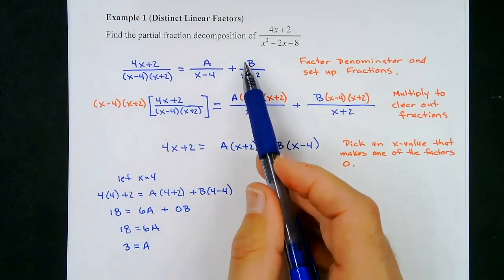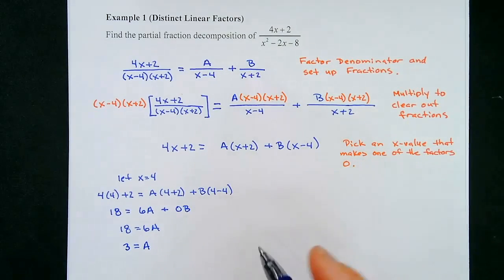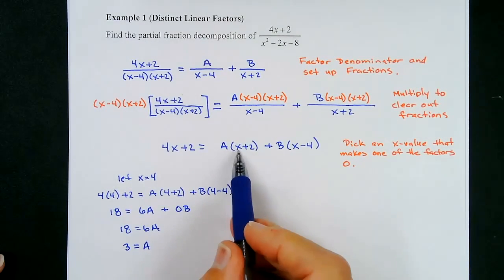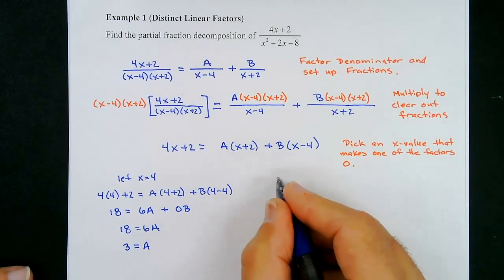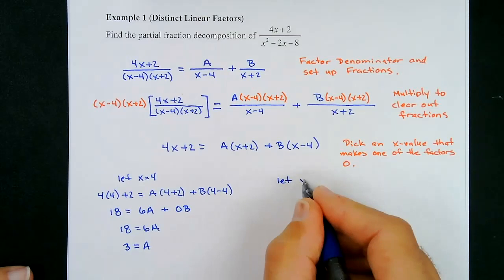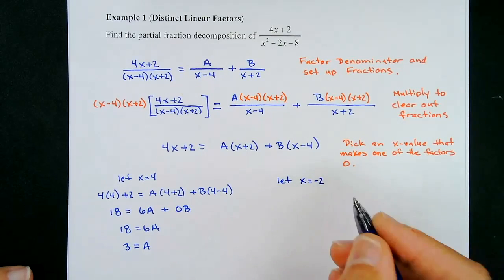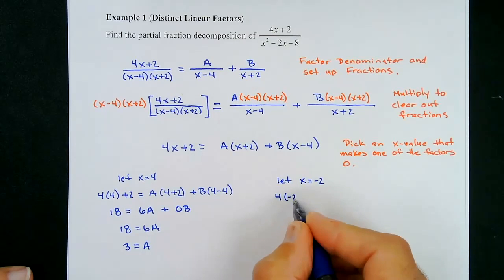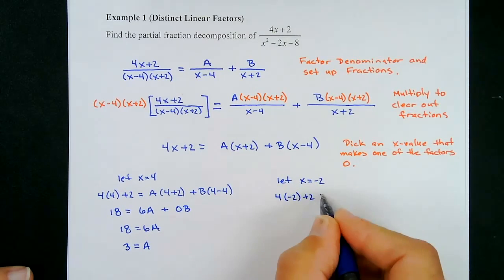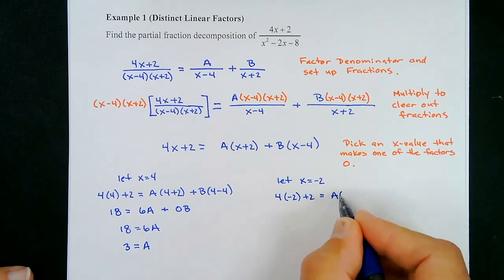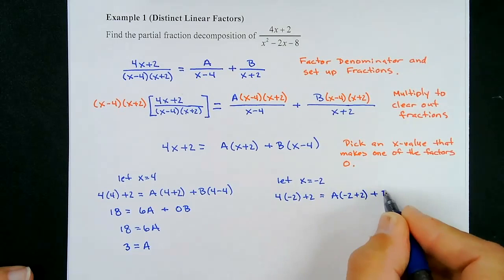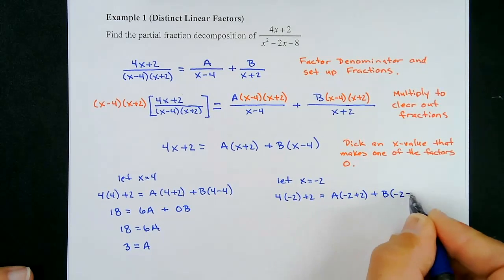Okay, now what is this b? Well, we're going to let x equal -2, and we're going to get rid of this one. When x equals -2, this left side is going to be 4 times -2 plus 2, and that's equal to a times -2 plus 2 plus b times -2 minus 4.